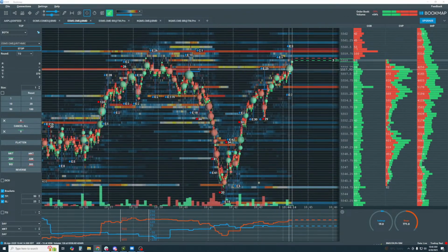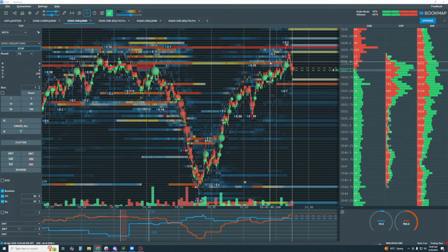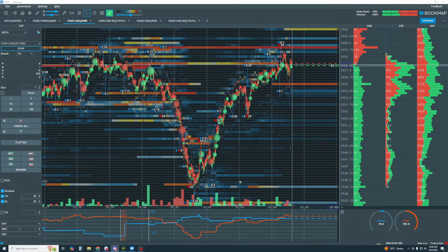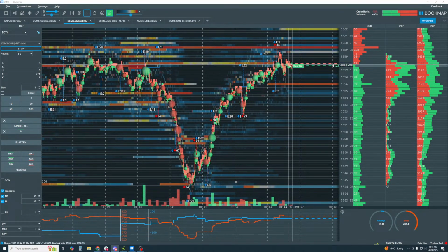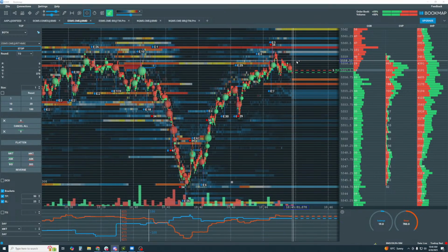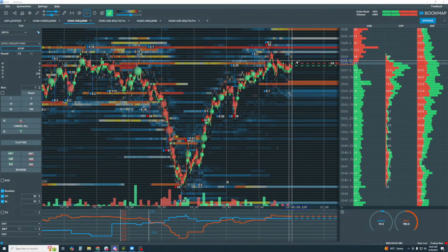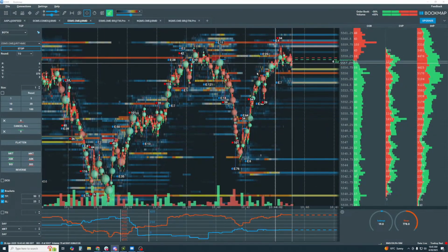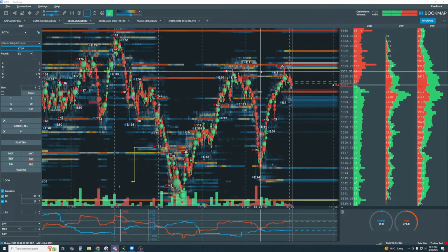Okay, buyers still taking it higher here. Still not seeing really anything at the moment.